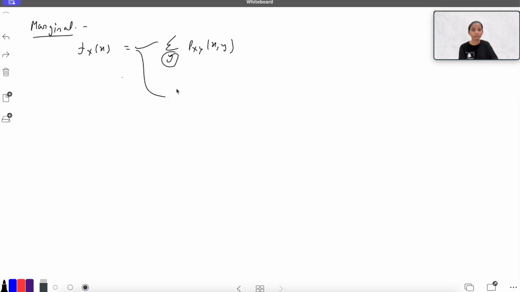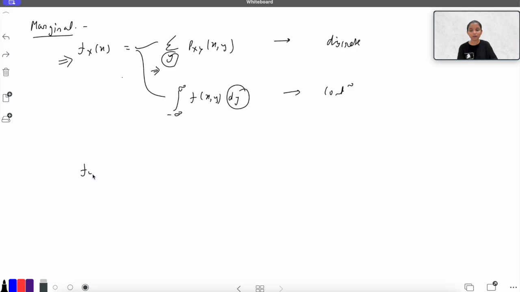That is for the discrete case. When you are finding it for the continuous case, you will do the integral from minus infinity to infinity of f(x, y) dy. That means integrating with respect to y. To find the marginal for x, integrate with respect to y or sum over the values of y.